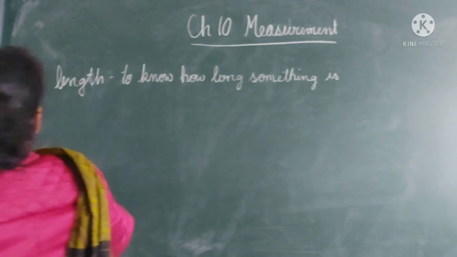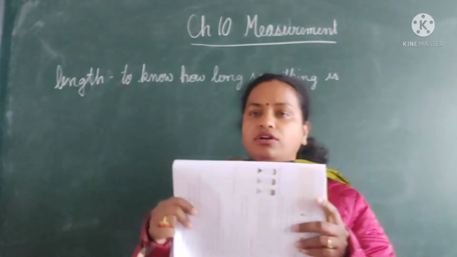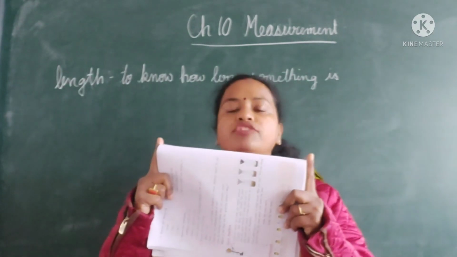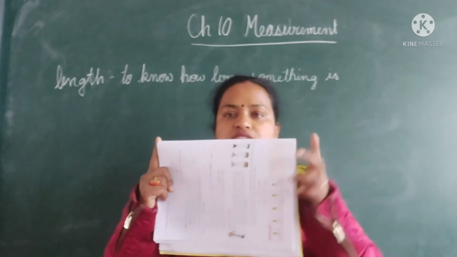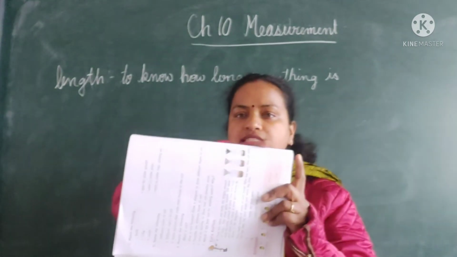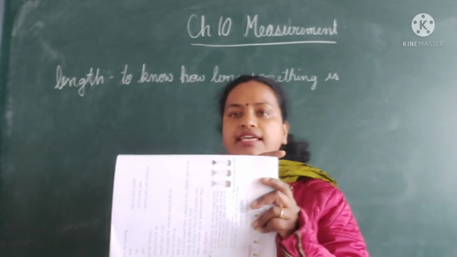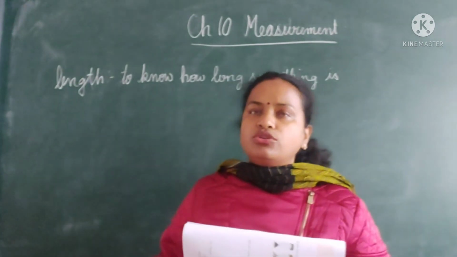Suppose this book: how long is it? We measure the distance from this point to this point, this whole distance, and you will come to know the length of this book.